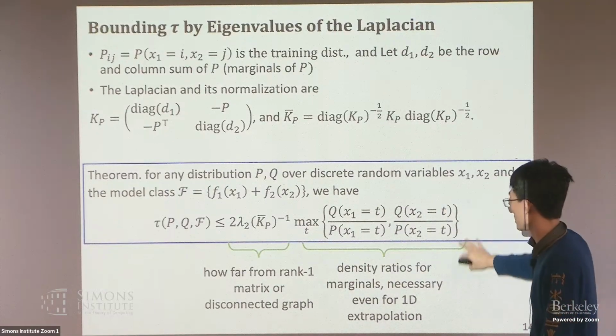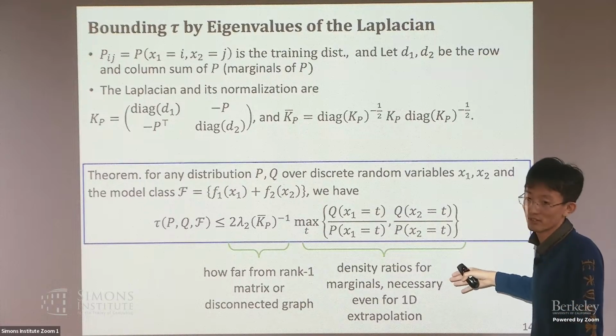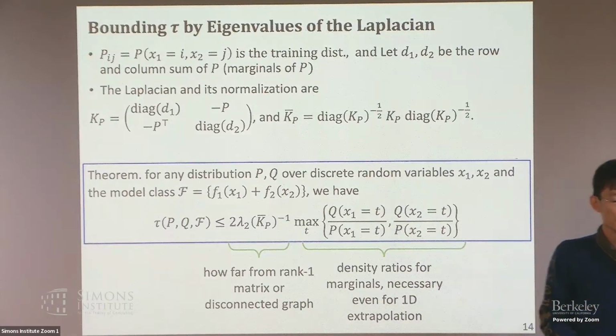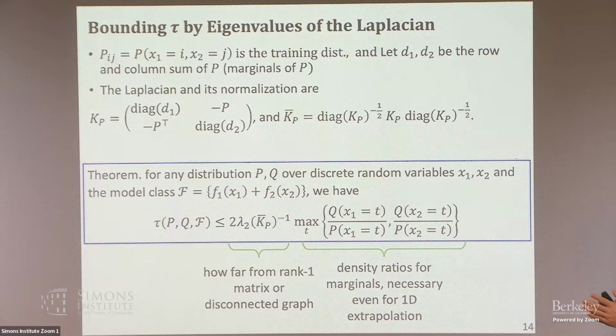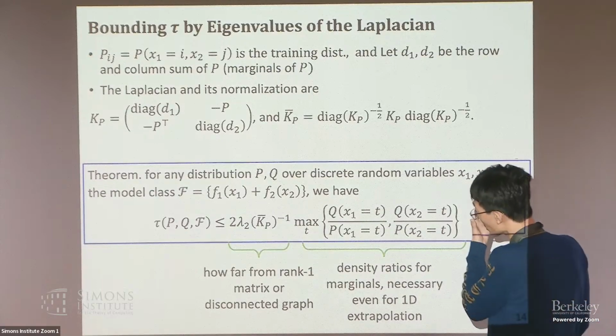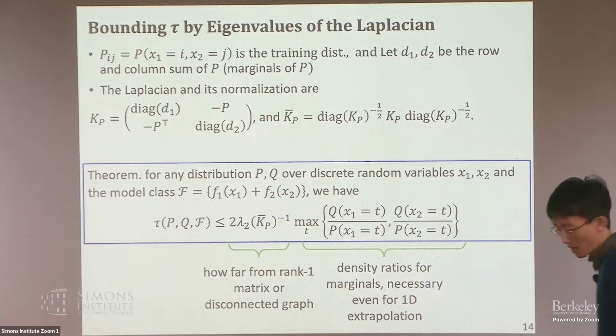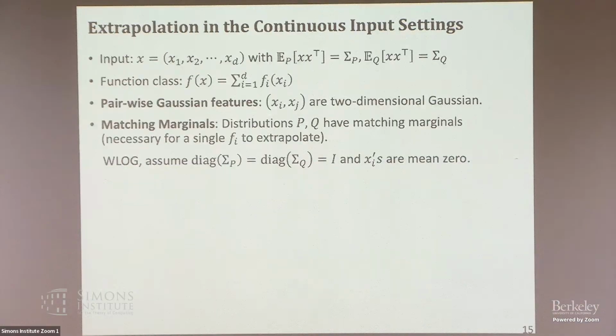And this is the density ratio for the marginals, which you anyway have to have, because if you don't have coverage on the marginals, one function f1x cannot extrapolate, and there's no way you can extrapolate at all. So this is a pretty simple theorem.